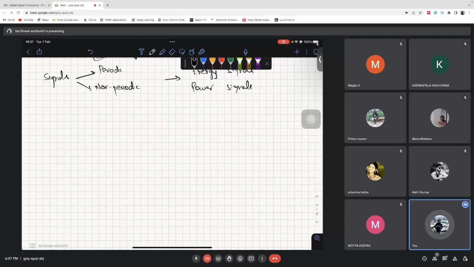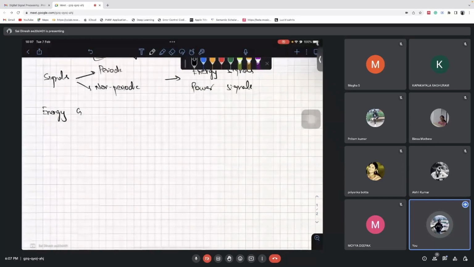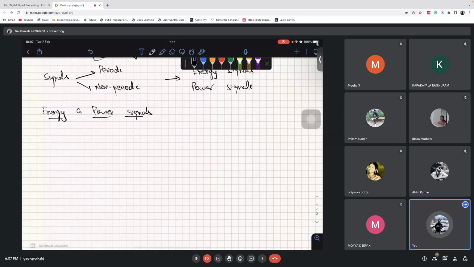So first, let's talk about energy and power signals. If the L2 norm of x, which is the summation of the square of each point of x at t, is infinity... Now here, if you note, it is continuous.